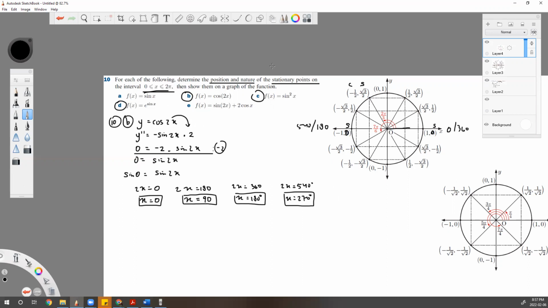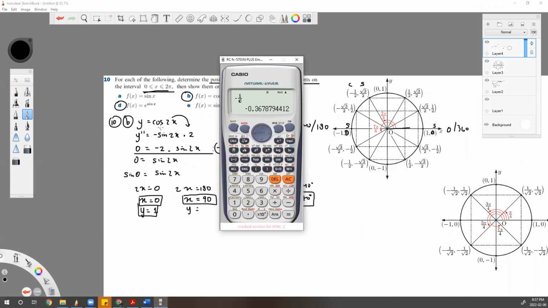And then the nature. Okay, we forgot to put the y. Cos 2 times x, so cos 0 is 1, right? Look at the equation first, cos 2x, cos 2 times 90.